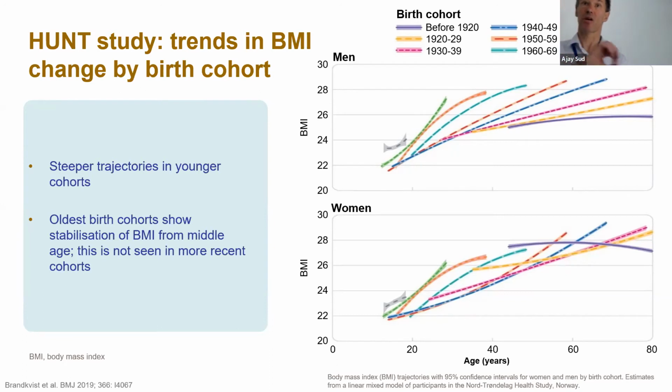And again, this is showing how this has very rapidly changed over time, although the genetics of the population haven't changed. And although the older cohorts are showing some stabilization from middle age, we're not seeing that in the younger people. And again, that is going to drive increase in the complications over time.